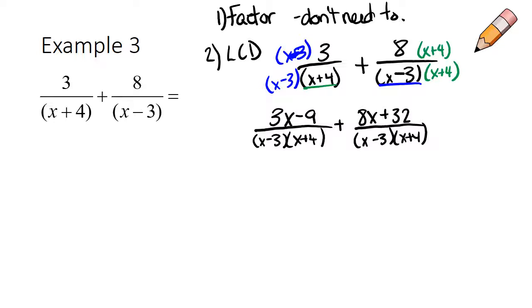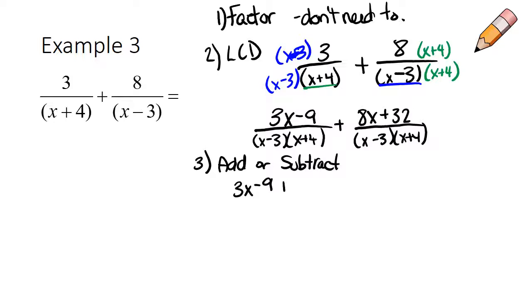I now have my common denominator. So step 3, I'm going to add or subtract. In this case, I'm adding, so let's add the numerators straight across.